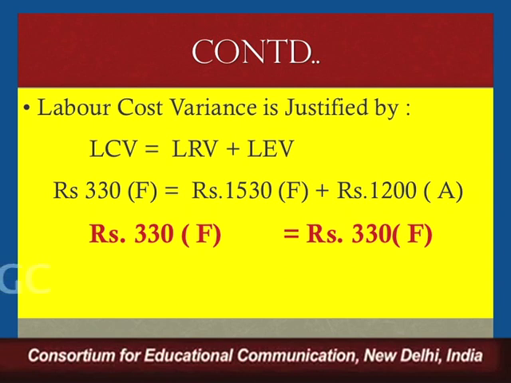So in this way we have justified the computation of labor cost variance by computing the labor rate variance and labor efficiency variance. So we have understood that labor cost variance is the sum total of labor rate variance and labor efficiency variance.